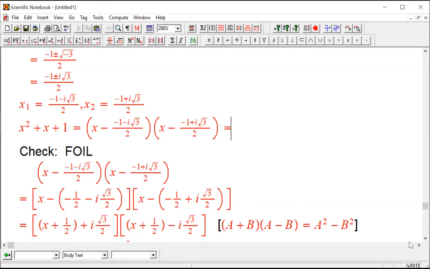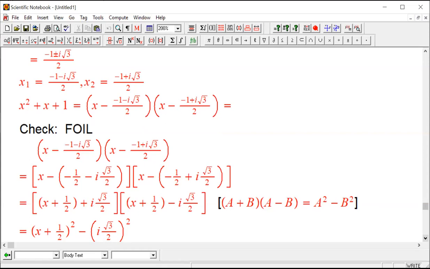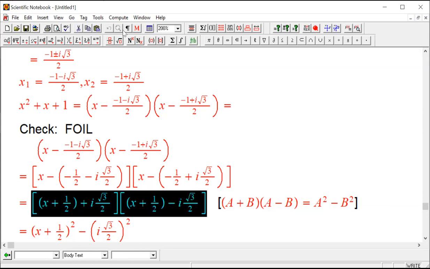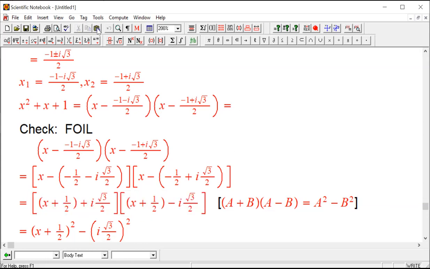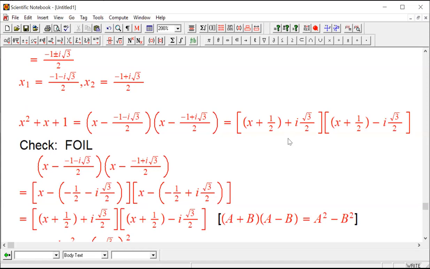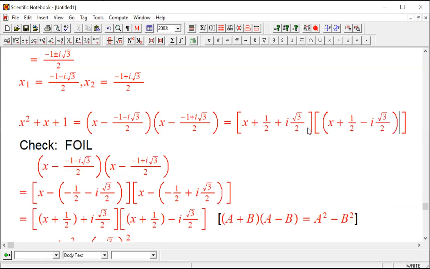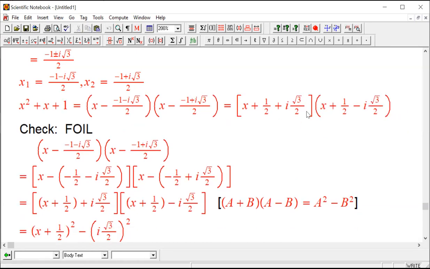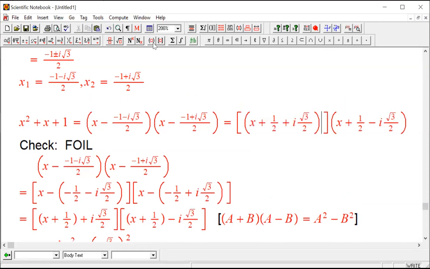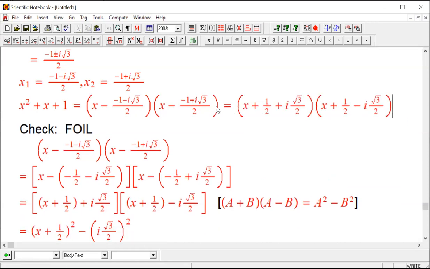The preferred form of the final answer, we have simplified all of these, right? It's actually this piece. This is the preferred form, okay? And you can remove these brackets. So that would be the preferred form if you just put them in parentheses. That's it.